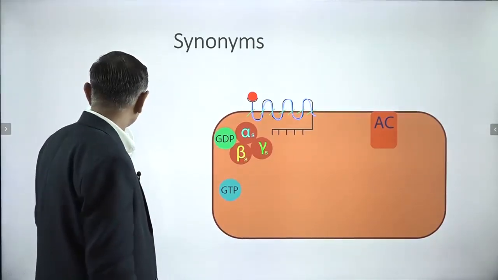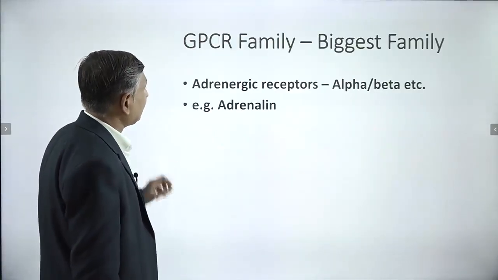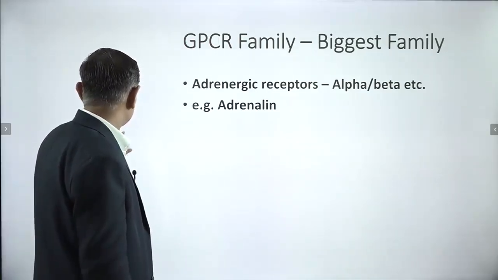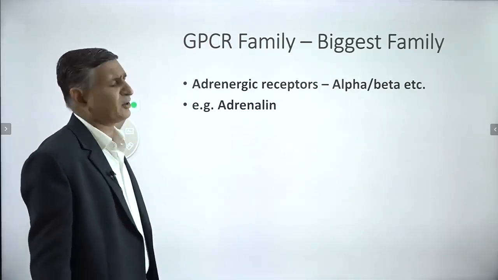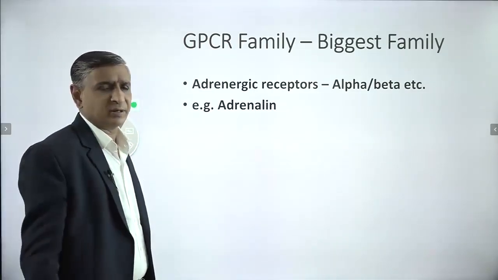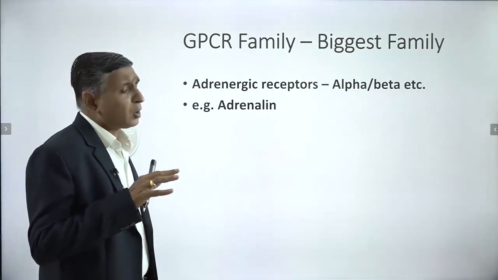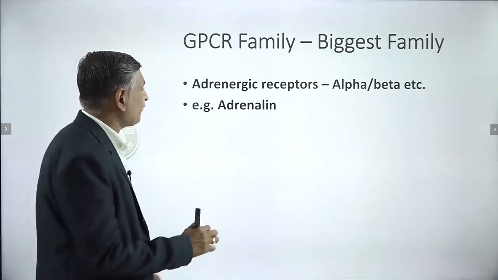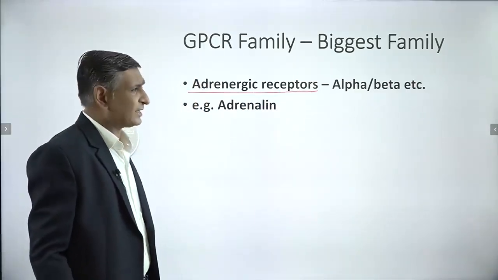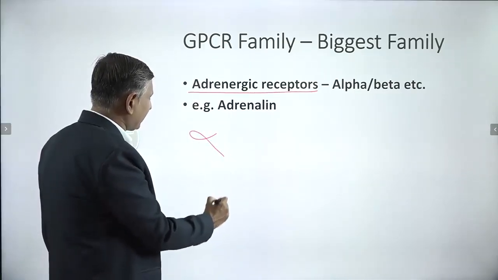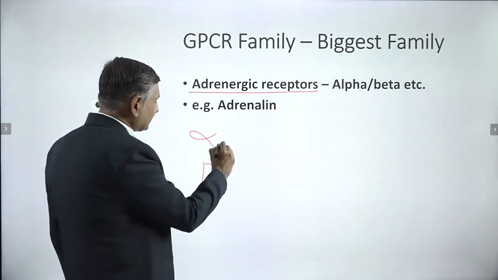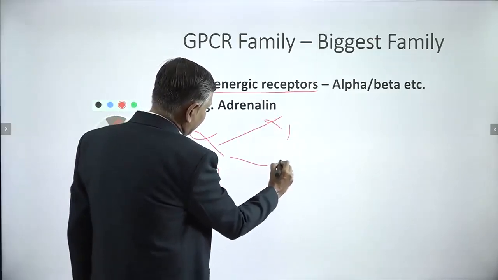Now, the next thing is this GPCR family. This GPCR family is a very big family. Already I told you many drugs act through it. Here we are going to take the example of adrenergic receptors. These adrenergic receptors, all of you know, they are divided as alpha receptors and beta receptors. Alpha is subdivided into alpha 1, alpha 2.